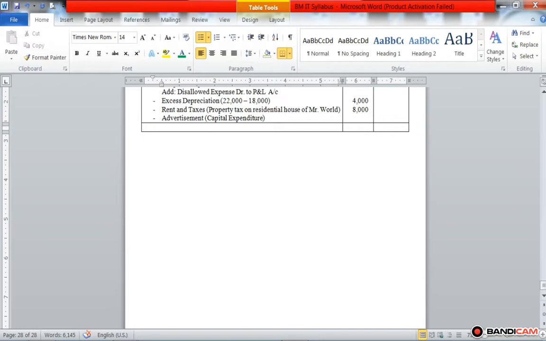So it is a capital expenditure, so it is disallowed, amounted to rupees 12,000. Got it? So capital expenditure is disallowed.